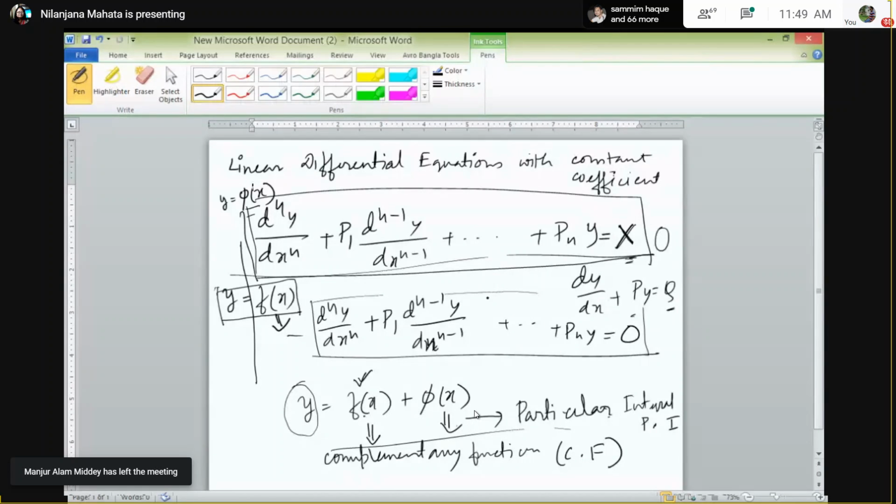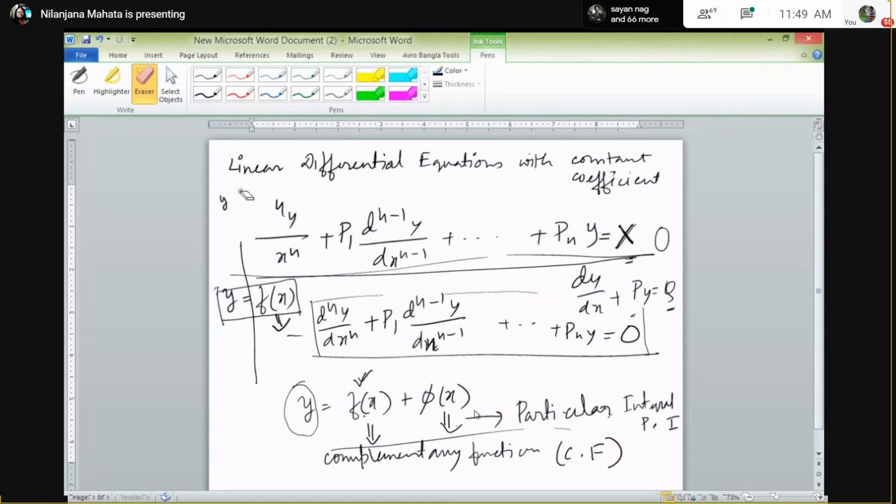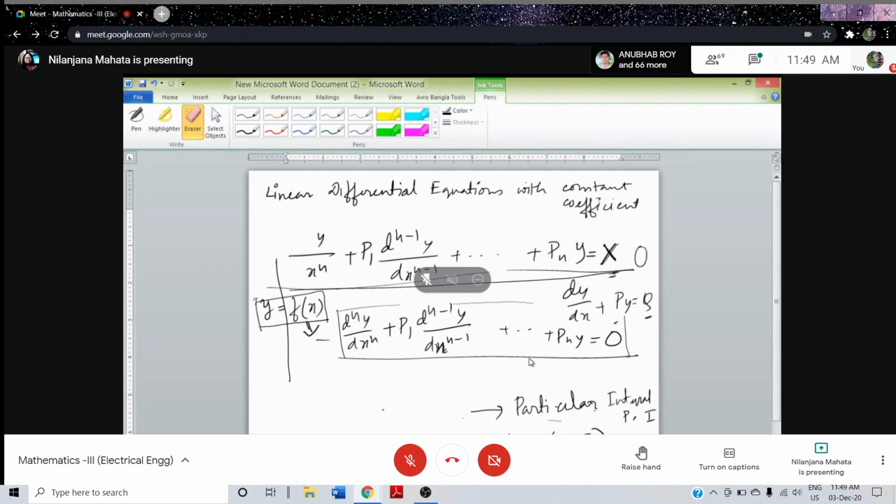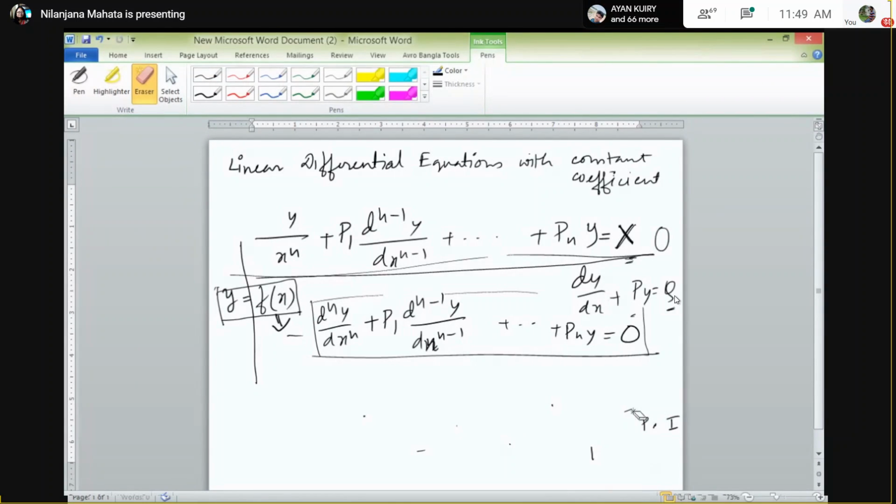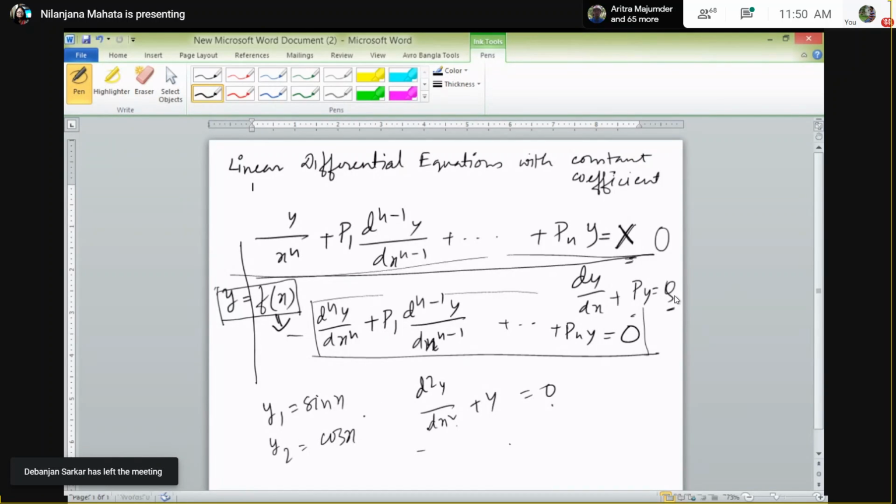Now, first, you remember one thing. You remember y1 was sin x, a solution of this equation, and y2 was cos x, a solution of this equation.